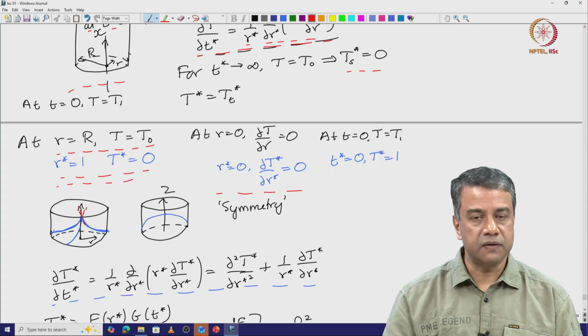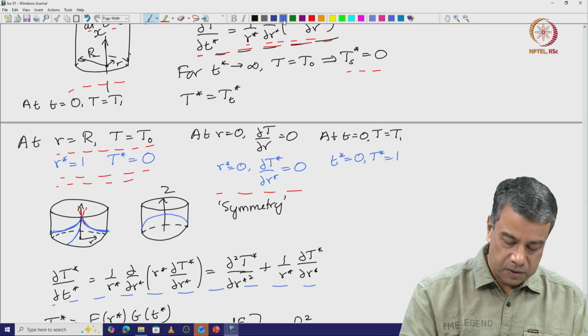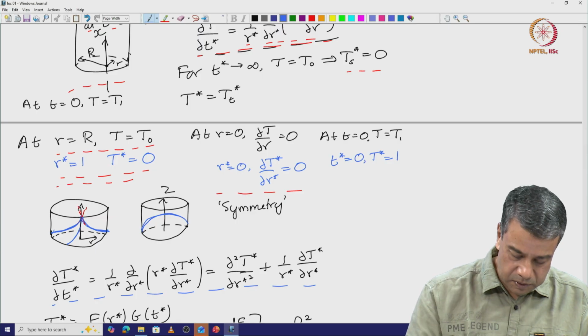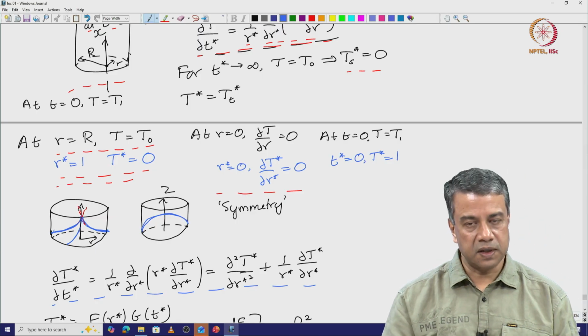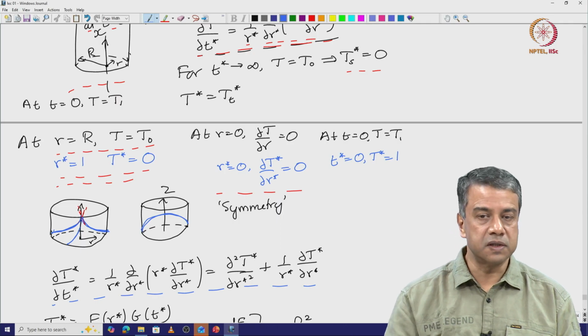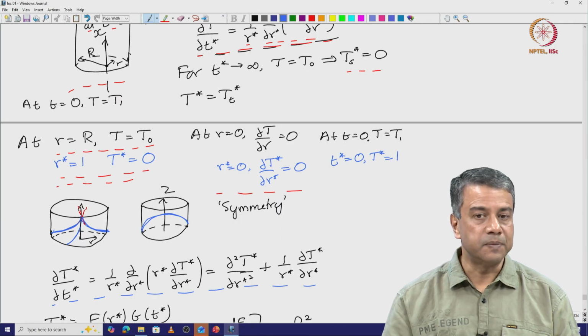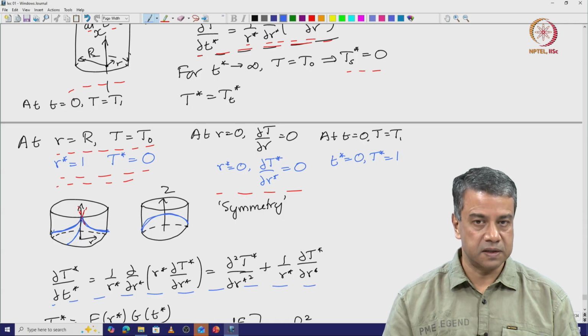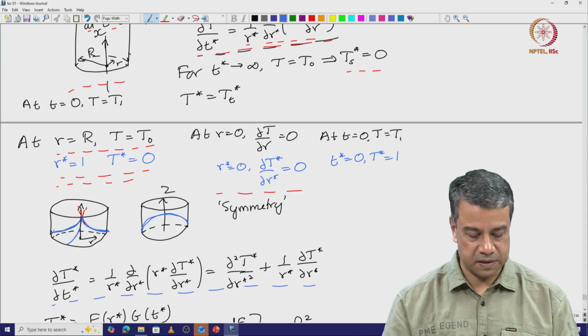You can get a unique value for the gradient at the origin only if the slope is 0. The other way to think about it is that if the gradient were non-zero at the axis, that means there is a non-zero heat flux at the axis.